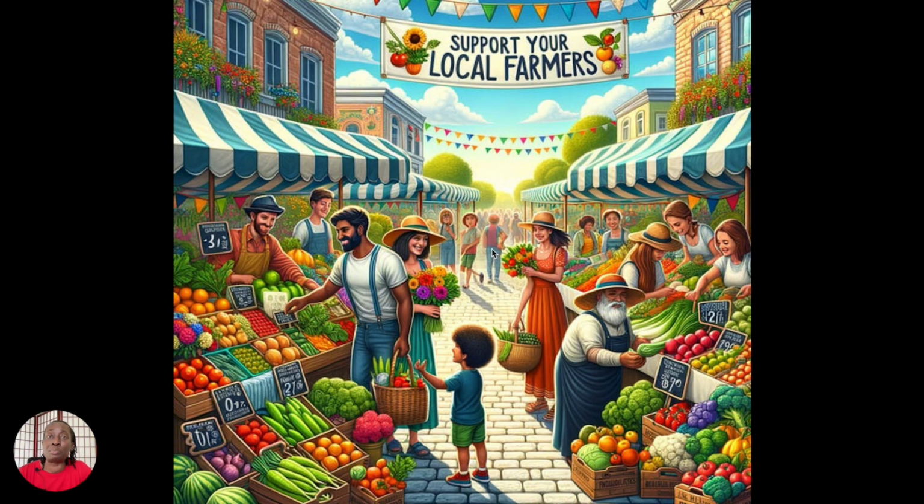There are different people in the farmer's market. Let's first count how many people there are, and then we'll see what they're doing. 1 person, 2, 3, 4, 5, 6, 7, 8, 9, 10, 11, 12, 13, 14, 15.